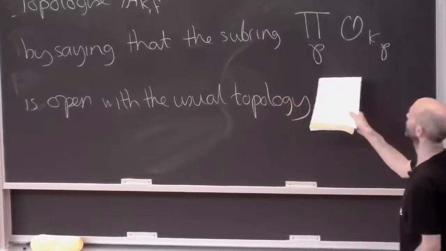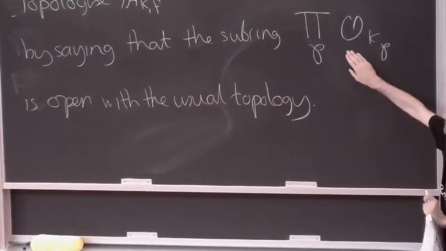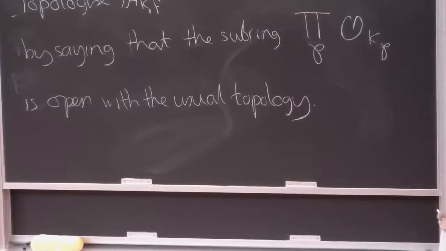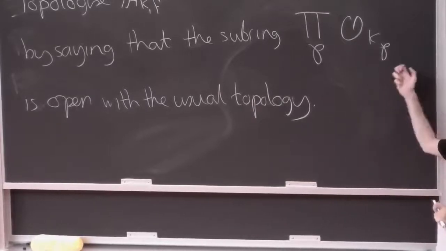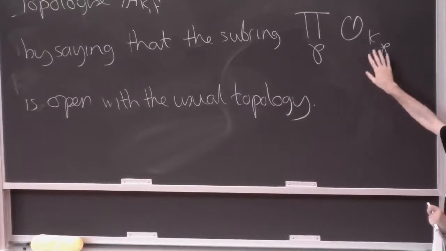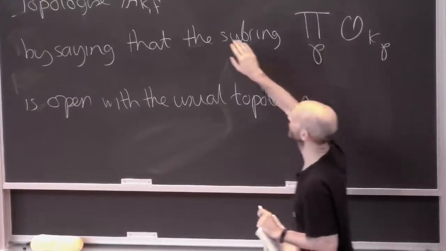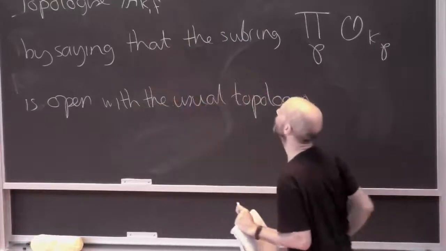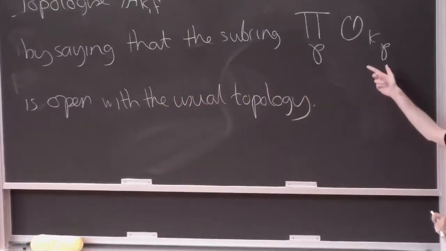I'm defining the topology on a subring. This has a product topology, and it's a nice topology. It's compact. And if I demand that this is open in here, then I've told you what a basis of open neighborhoods of 0 looks like.